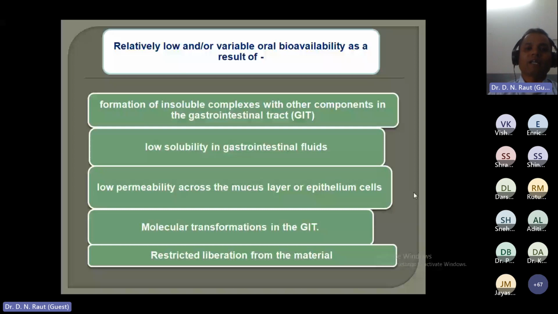Basically, the reasons are the formation of insoluble complexes with components in the gastrointestinal tract, low solubility in gastrointestinal fluid, low permeability across the mucus layer or epithelial cells, and molecular transformation in the GIT, as well as restricted liberation from the plant materials.